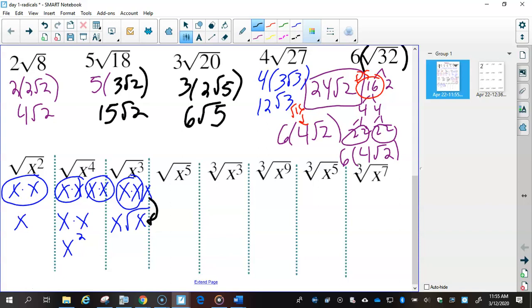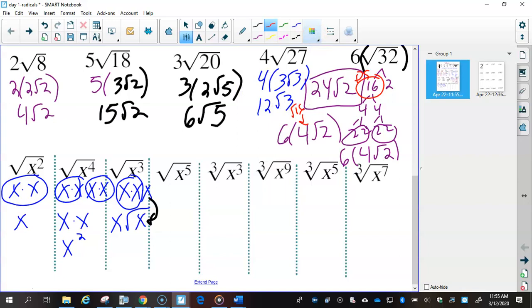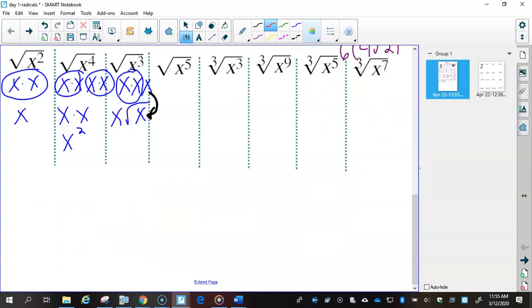Now, the other way to do this, and this will work only with your variables, it won't work for your numbers, but you could use this method every single time. This is a square root, so I can pretend there's a 2 outside here, and I'm going to think about this like division. 2 goes into 2 how many times?